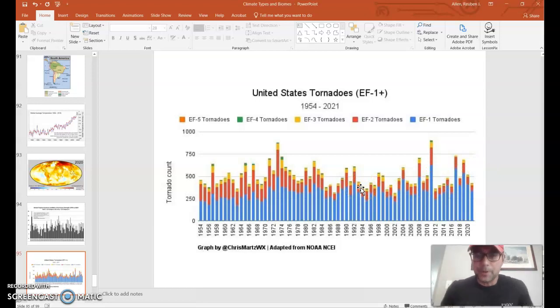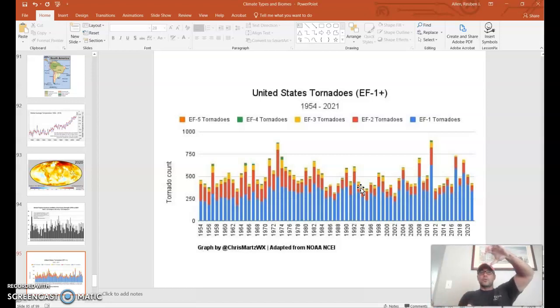But here's an important thing to remember. With tornadoes, you have to have that clashing of cold air with warm air. And so if temperatures are increasing globally, and especially increasing in our upper latitude regions of the northern hemisphere, what that means is that you're going to have less intense clashing between air coming from the north and air coming from the south.